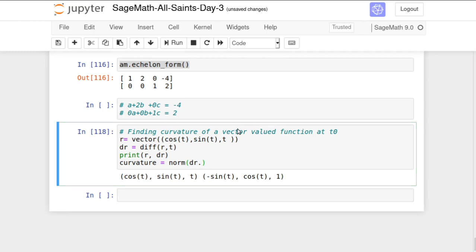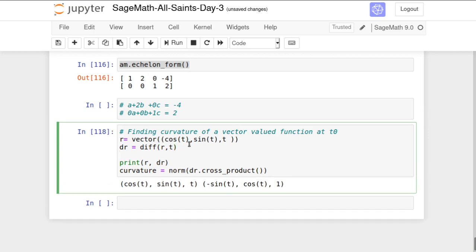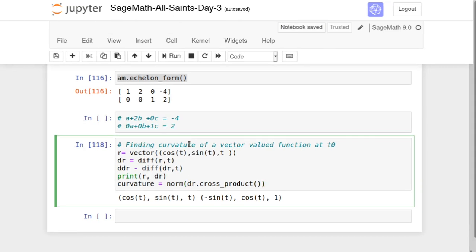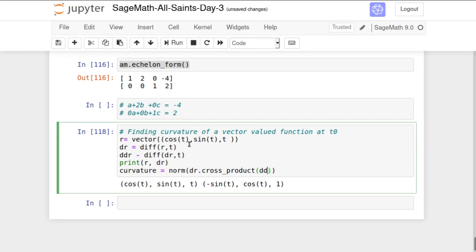What is the command? Cross product. Cross product with, oh, we need a second derivative also. So the second derivative, let us define it as ddr, double derivative, equal to differentiate. We can differentiate dr once again, or we can differentiate r 2 times. So this is cross product with ddr.